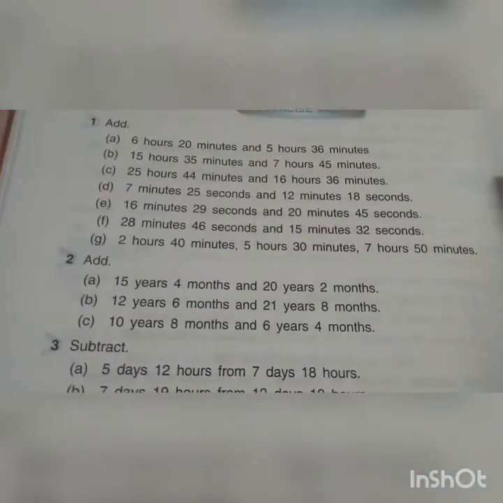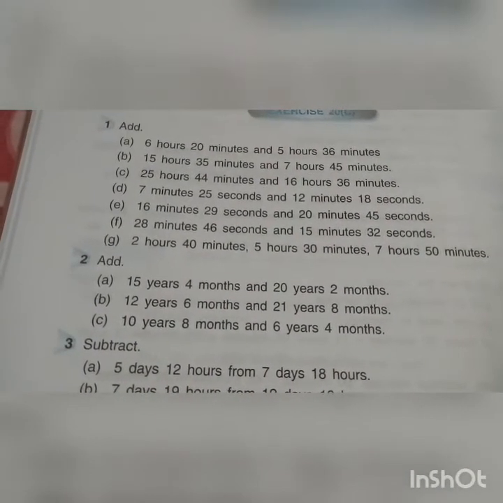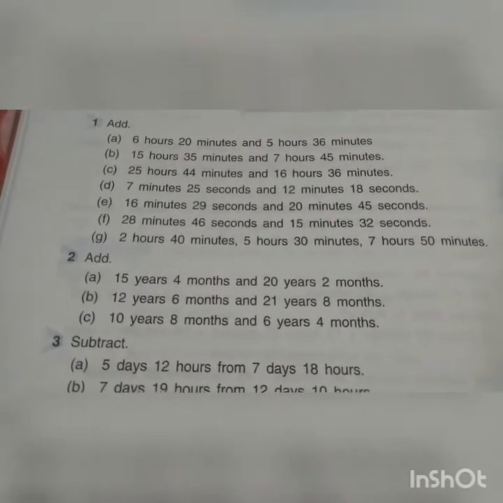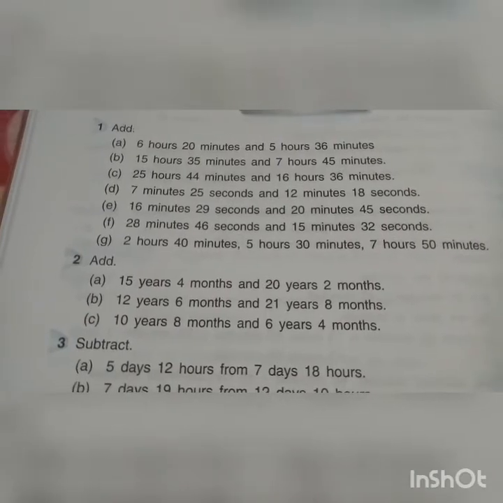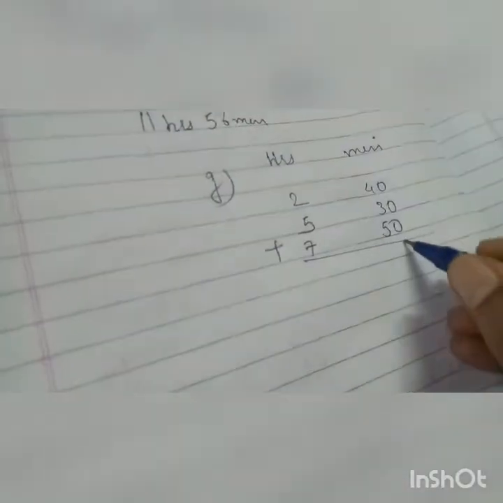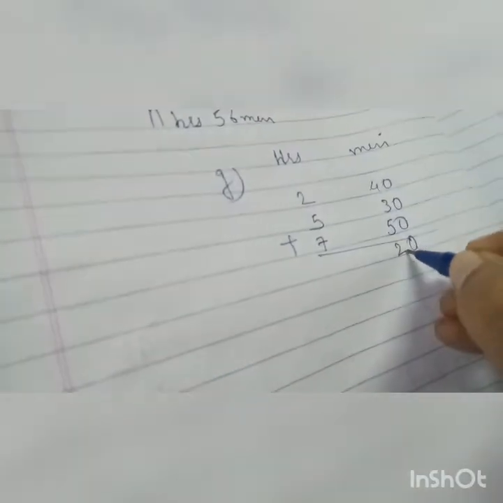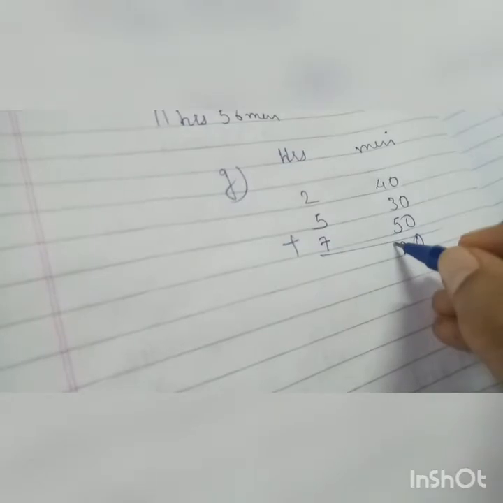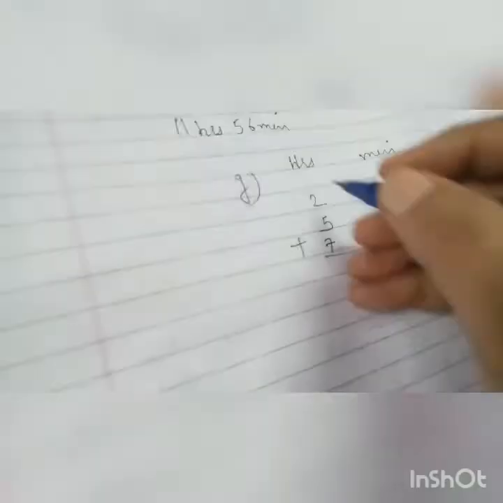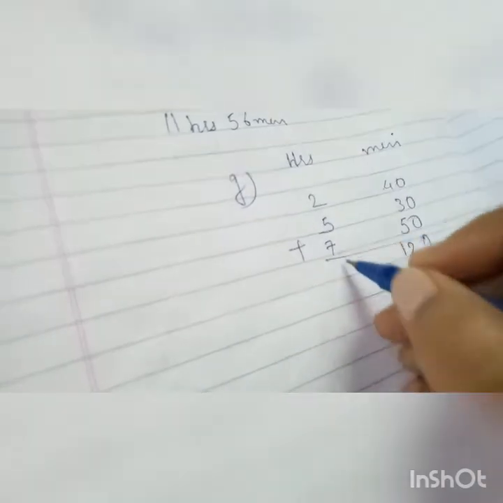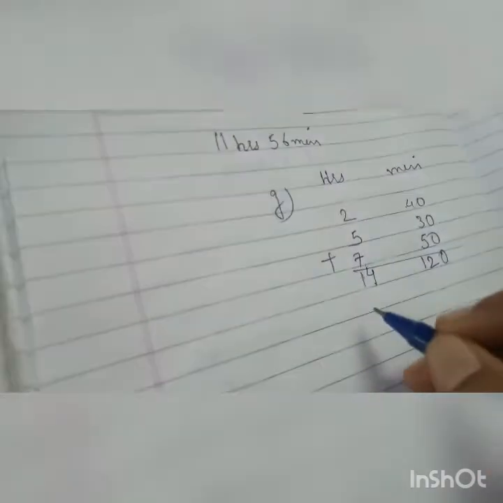Now 2 hours 40 minutes, 5 hours 30 minutes, 7 hours 50 minutes. Now just add it. 0 plus 0 plus 0, 4 plus 3 plus 5, 12. This will be 120, right? 5 plus 2, 7, and plus this 7 is 14.